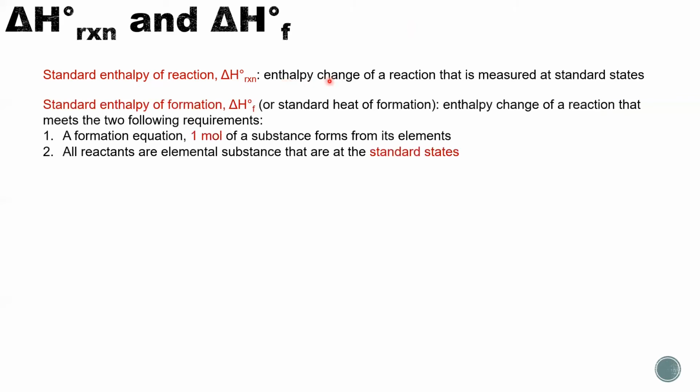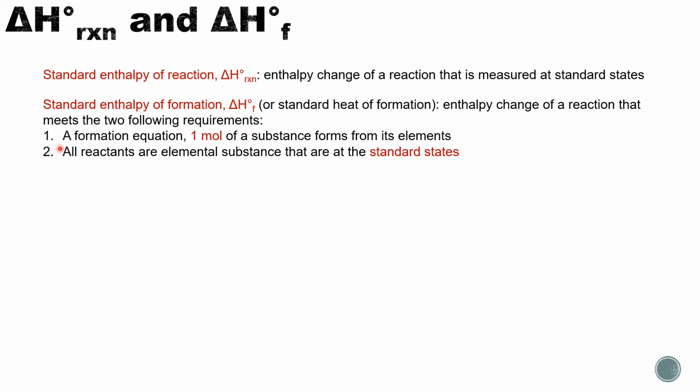However, the standard enthalpy of formation, or standard heat of formation, refers to the enthalpy change of a reaction that meets the 2 following requirements. Basically, the standard heat of formation has 2 requirements on top of the standard enthalpy of reaction. One of them is that the chemical reaction needs to be a formation reaction.